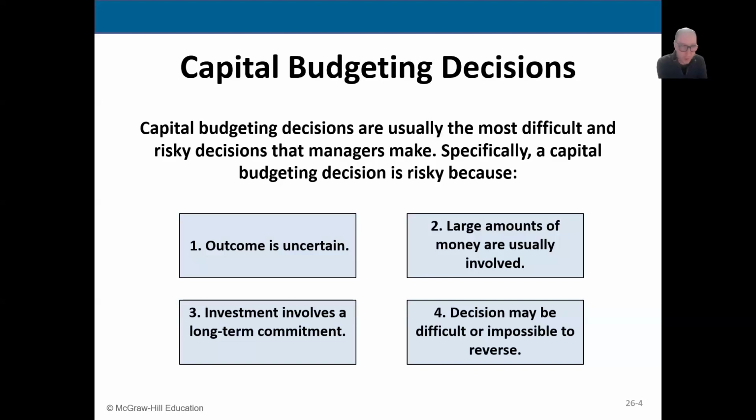Number four, and this is probably the most risky part of the decision-making process, is that the decision to purchase or sell property, plant, and equipment may be difficult or impossible to reverse. So what happens, right?